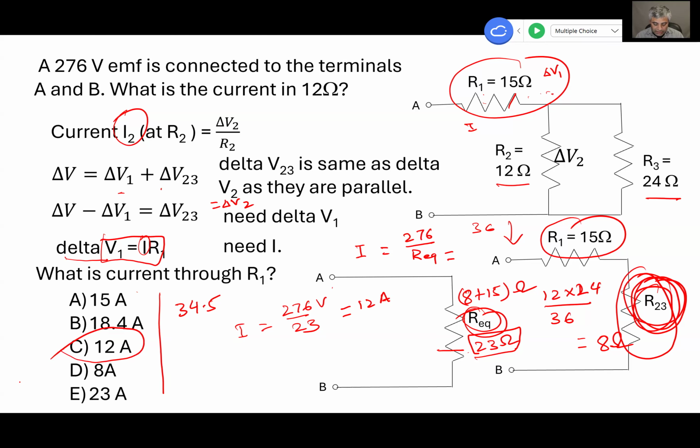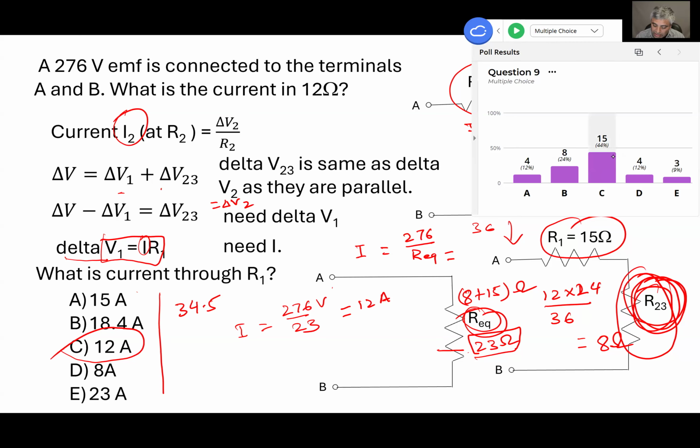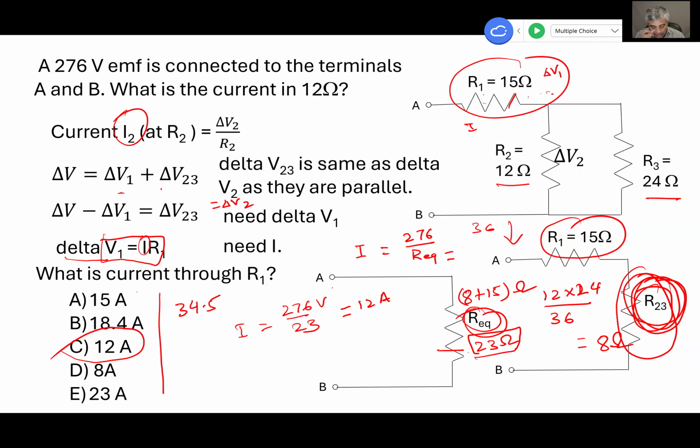Yep, that's that. Okay, let me choose that. And once we have that, we can now reverse and go back and figure out delta V1. And once we have delta V1, we can have this one there. Oh, it's 53, 51 already.